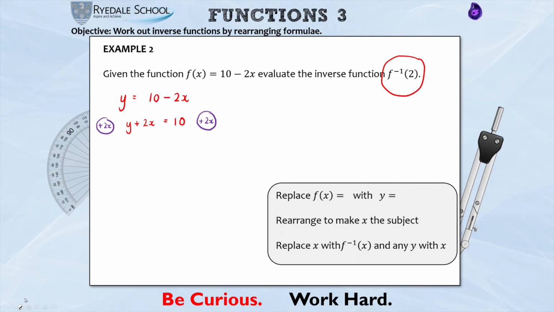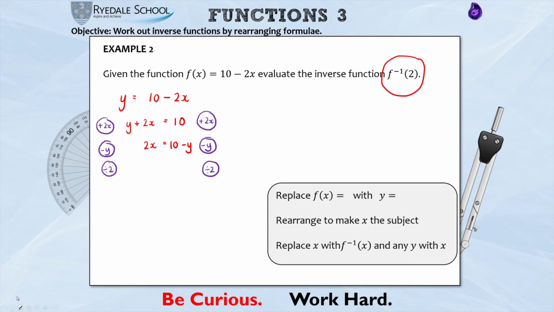If I'm going to try and make x the subject, the next step is to subtract y from both sides. If we subtract y from both sides, we get 2x equals 10 take away y. And finally, to get x by itself, I'm dividing by 2.